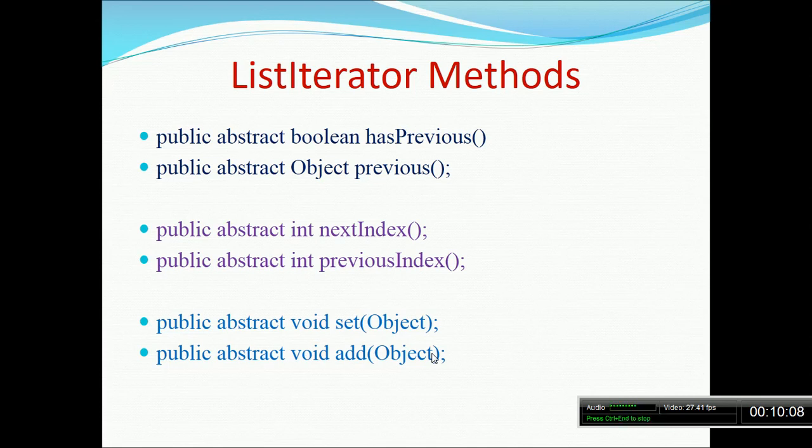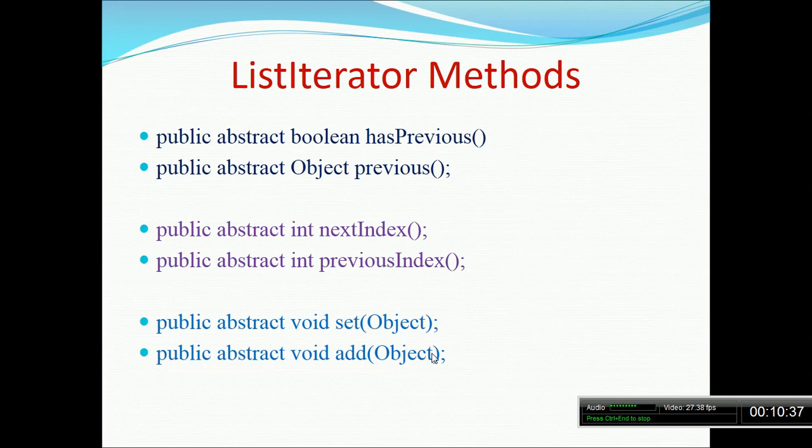Suppose next returns the object from index 0, then nextIndex will return 1. So that is the index of the element that would be returned by the next call.